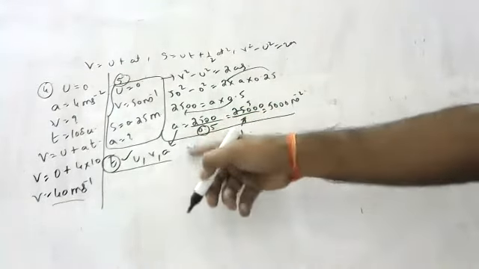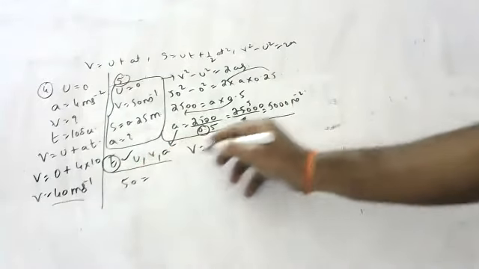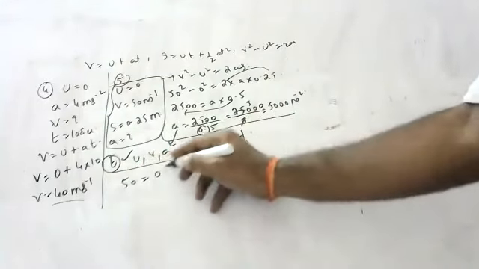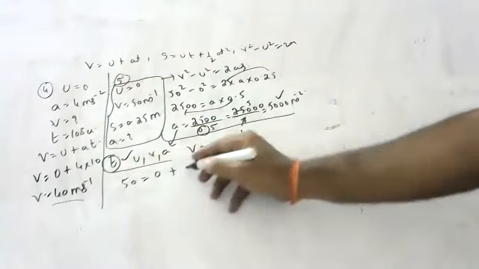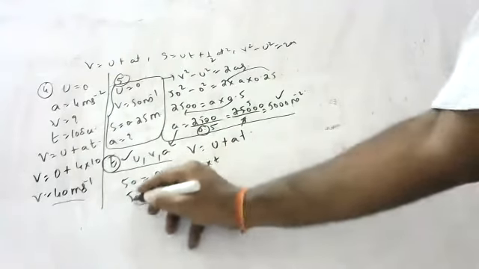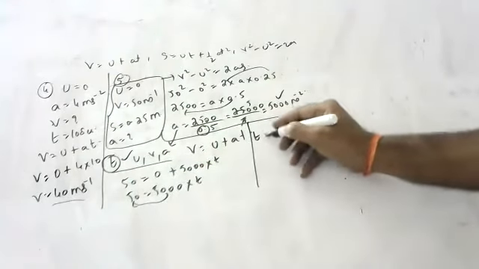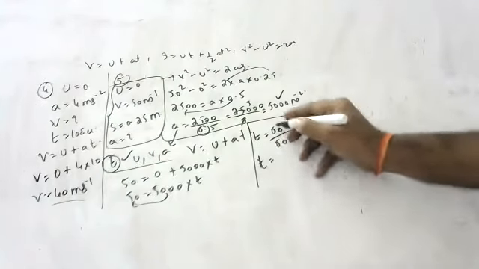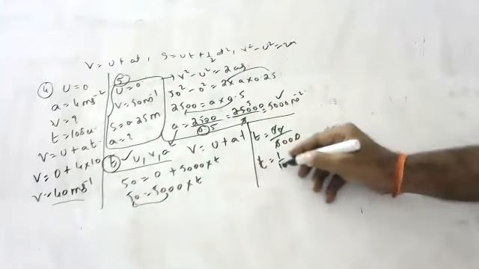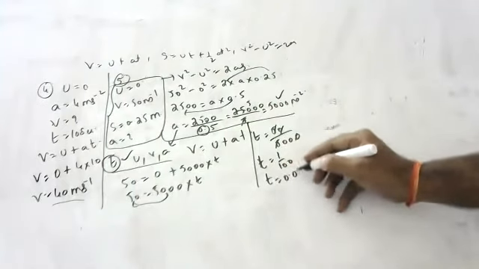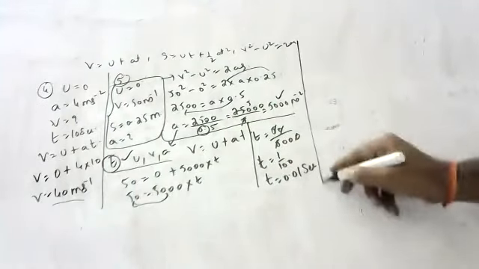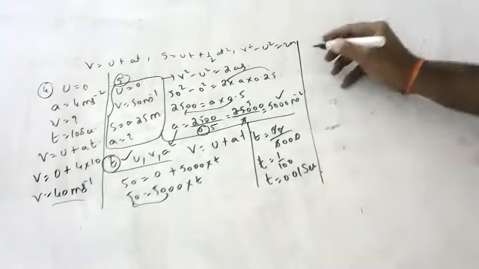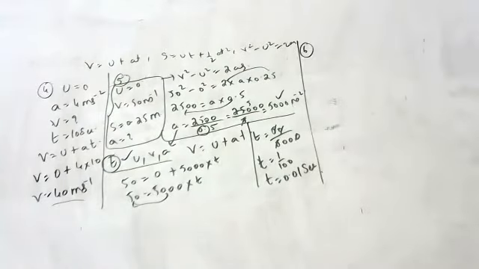V is 50, so 50 is equal to 0 plus 5000 into T. T is equal to 50 by 5000, which is 1 by 100, which is 0.01 seconds.